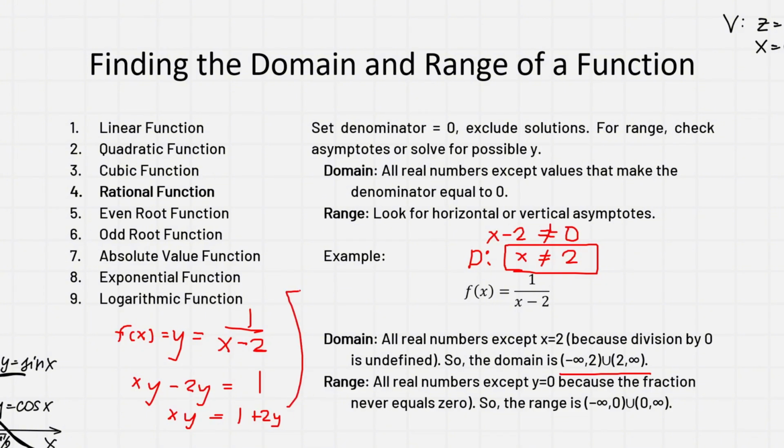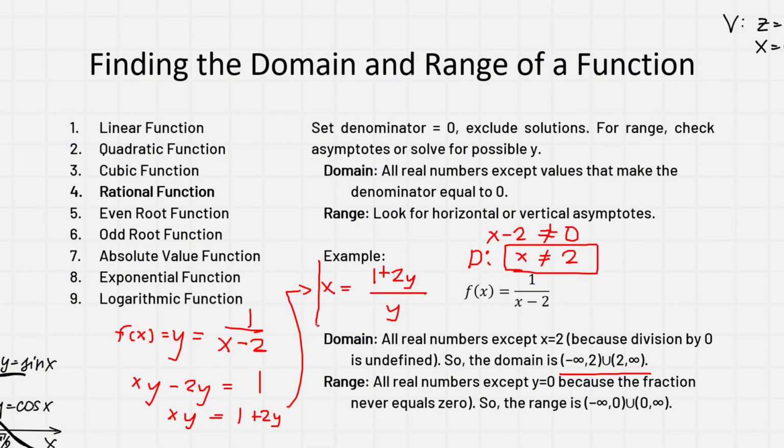So this will become x equals 1 plus 2y over y. So we already solved for x in terms of y, right?